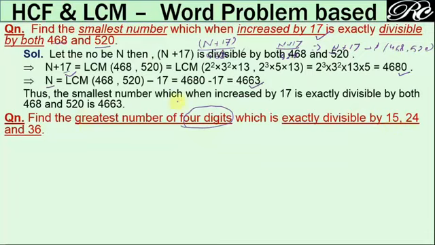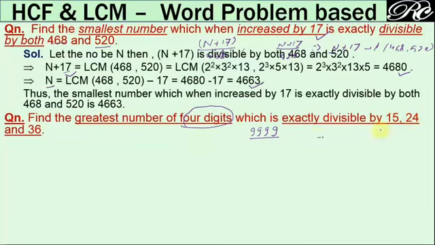and 36. So we need a 4-digit number, which should be the largest one, but at the same time it should be divisible by the 3 numbers 15, 24 and 36. The largest 4-digit number is 9999. Now we have to choose a number just below this, but it should be divisible by 15, 24 and 36.